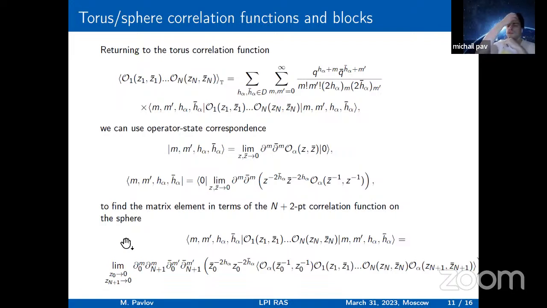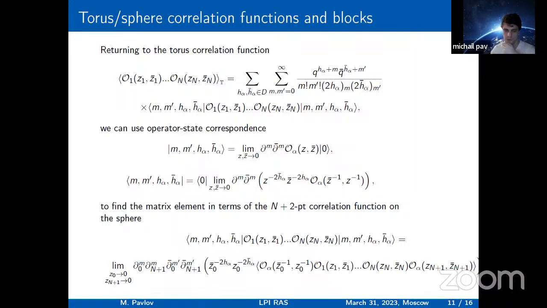And here is the crucial moment: this is an n+2 correlation function, and the idea is to forget that these operators actually are on the torus, because we prefer to consider them as operators which live on the sphere in the following sense.